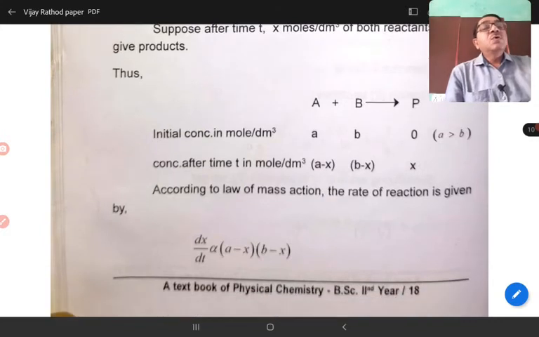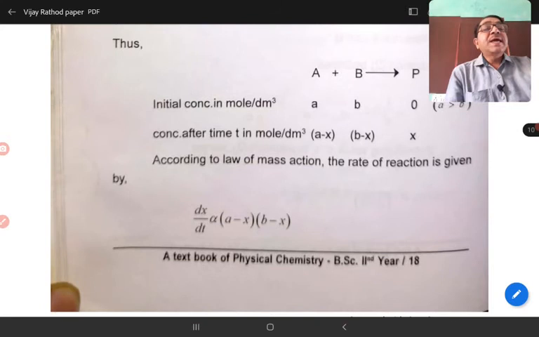We know the law of mass action. According to the law of mass action, the rate of reaction dx by dt is directly proportional to (a minus x) into (b minus x), meaning the product of concentrations of reactants.